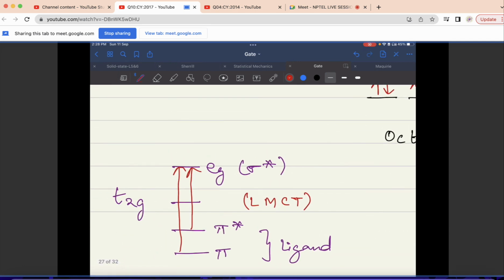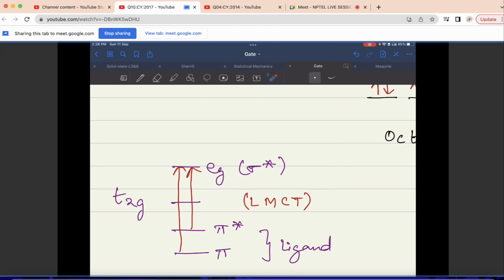Look into this figure, where this T2g and Eg come from the metal, and my Eg acts as a sigma antibonding here.